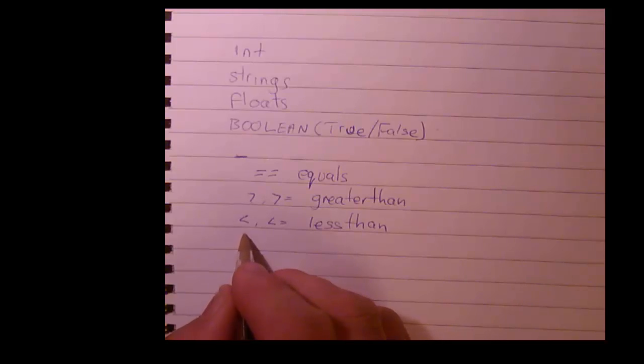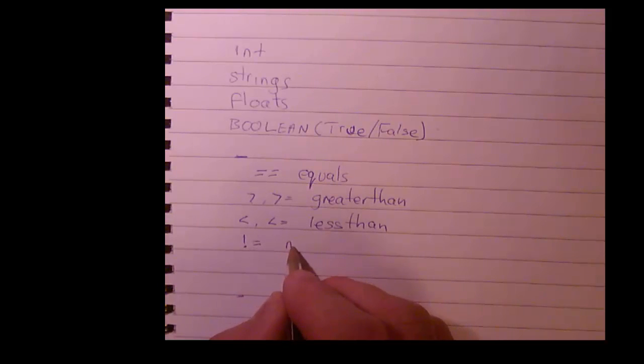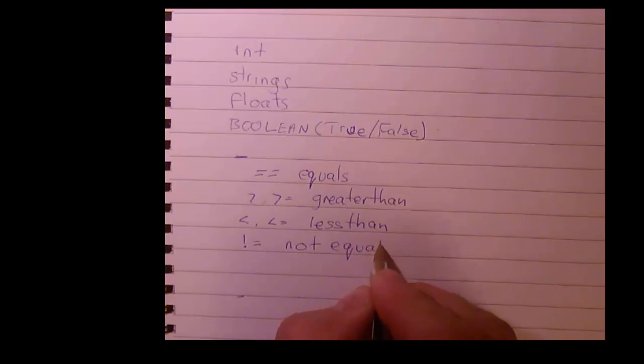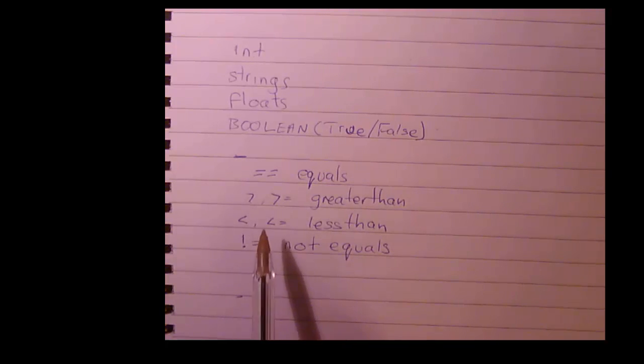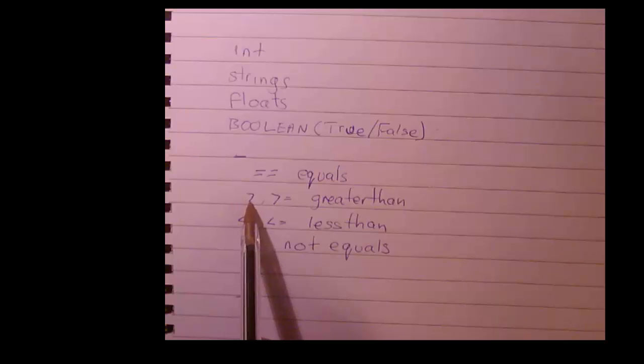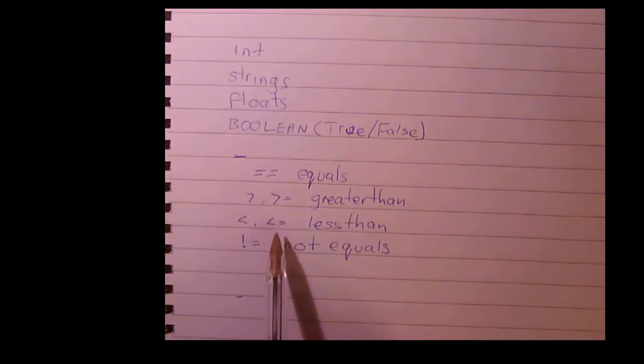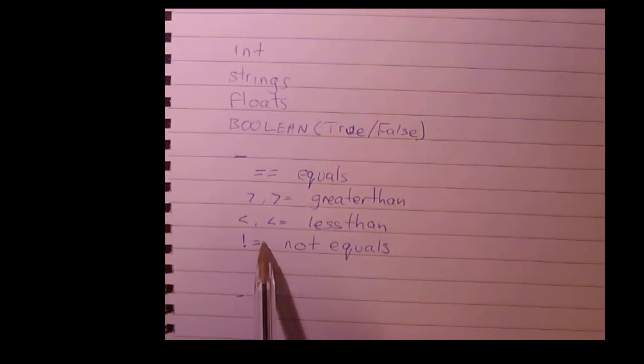And then we've got another one, although we can construct it from the other ones: an exclamation mark equals, which is a not equals. By putting different operands either side of these signs, we can test whether two things are equal, whether one's greater than another, whether one's less than another or less than or equal, or whether one's not equal to another.